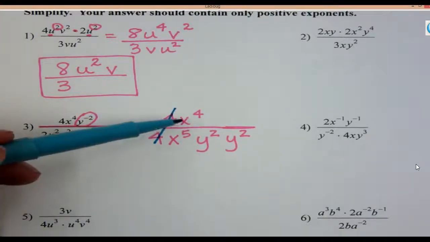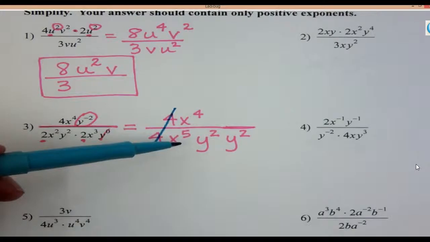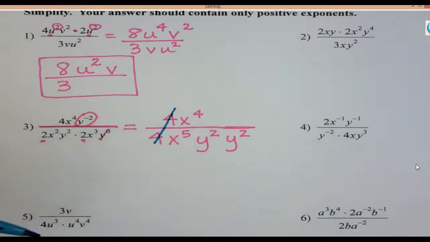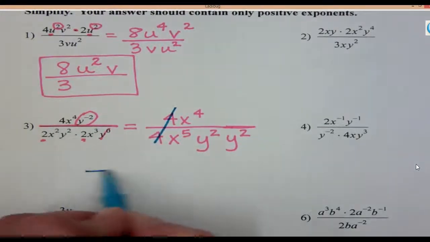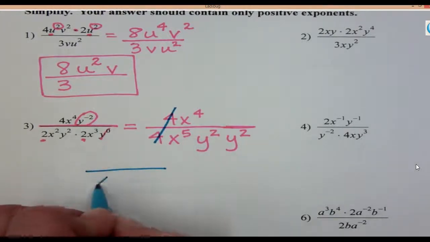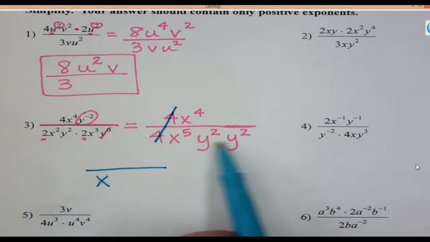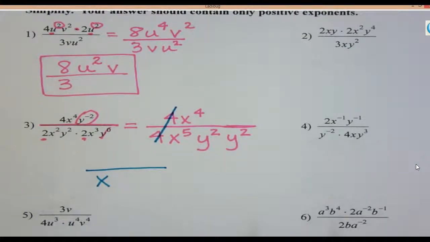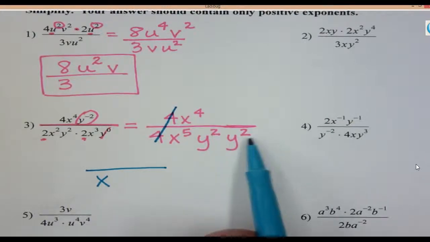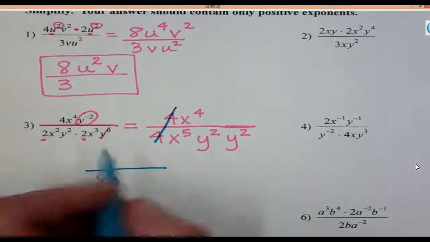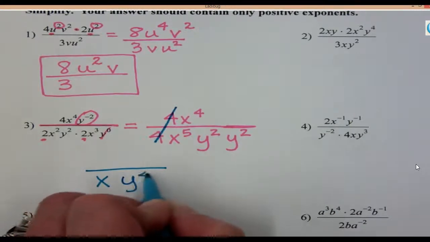Now I've got x to the 4th and x to the 5th. Who's going to win this battle? Well, I believe x to the 5th is going to come out 1 ahead. And now I've got these guys side by side. I'm multiplying those. Y squared times y squared. I'm going to add those exponents and get y to the 4th.